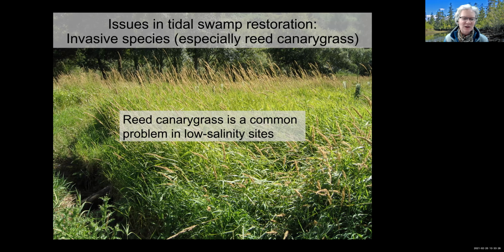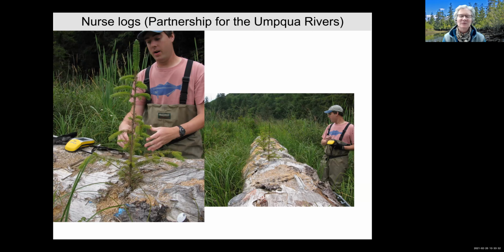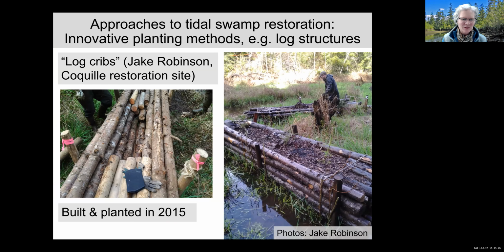We do have problems with invasive species to some extent. Reed canary grass is a common problem in low salinity sites. And there are some interesting early results from some innovative methods to help address this problem. Nurse logs can be used. Young spruce trees can be planted in holes in nurse logs. And Jake Robinson has been using a log crib method on the Oregon coast, where he builds these cribs to elevate the young spruce above the reed canary grass and give it a head start.